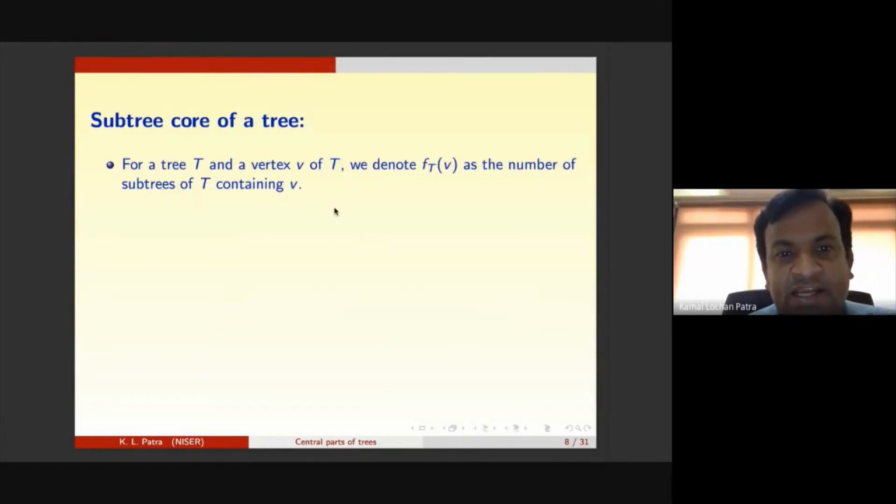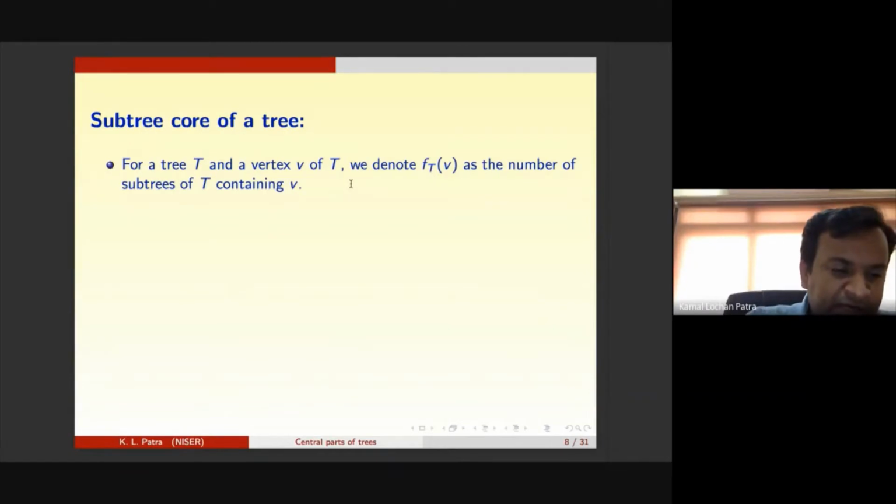For a tree T, you take a vertex V. Earlier, for a vertex we defined the weight of a vertex and the eccentricity of a vertex.